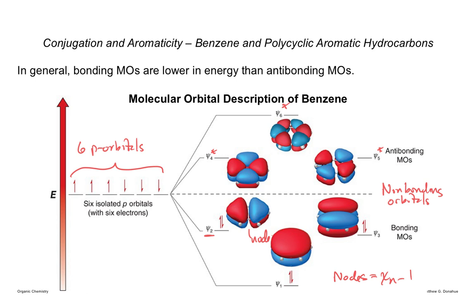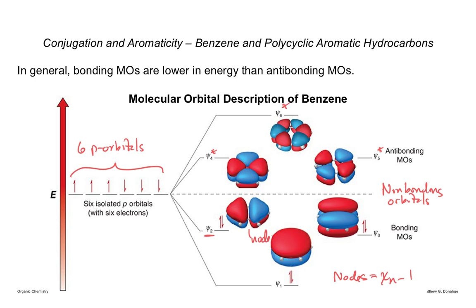So you'll see in psi3, now you have 2 nodes. You're sort of splitting in one dimension and then orthogonal to the next. And so on and so forth into the antibonding.